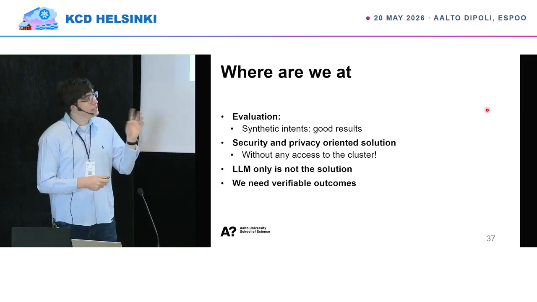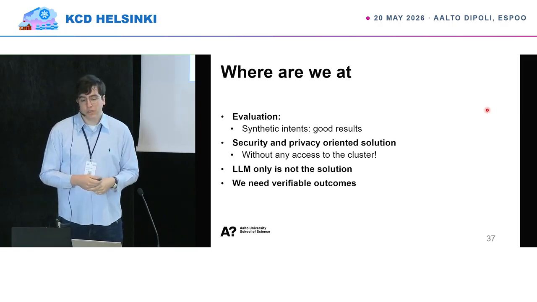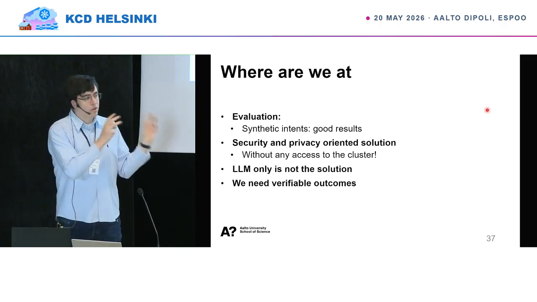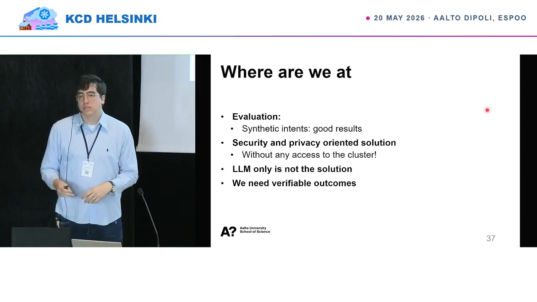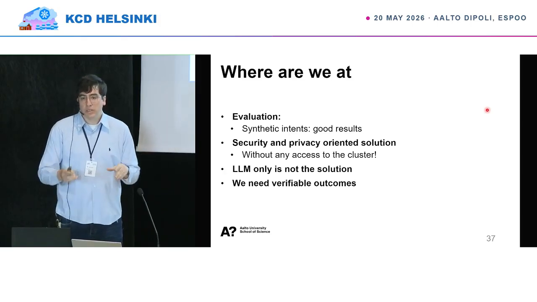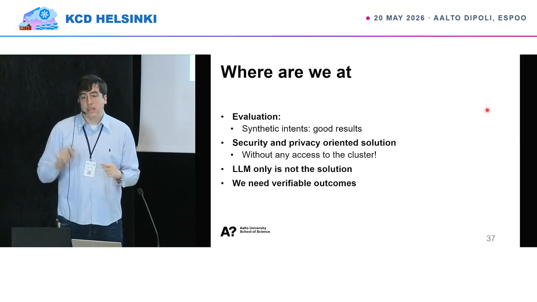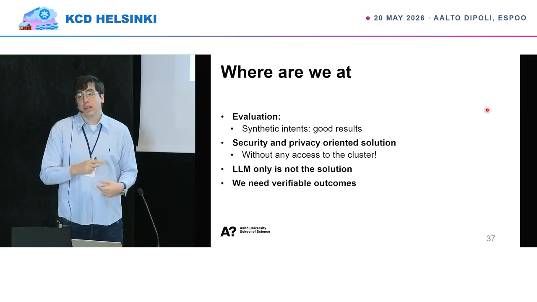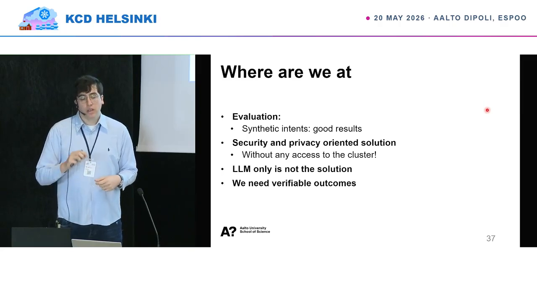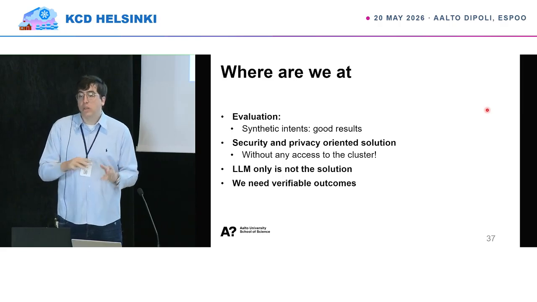From the security side, this is a security and privacy-oriented solution. This means that our LLM doesn't have direct access to the cluster if you don't want, and actually it can be run completely independently of the cluster. It only needs the intent and the output of Kubeson. This can also be a good option if you are worried about privacy, because you could change the labels, you could change the application, and the LLM doesn't need to learn what you have on the cluster.